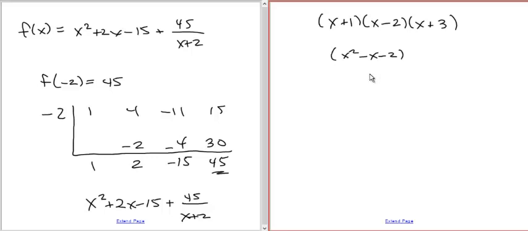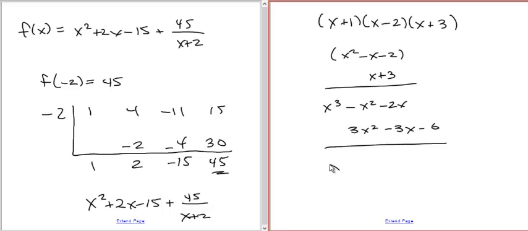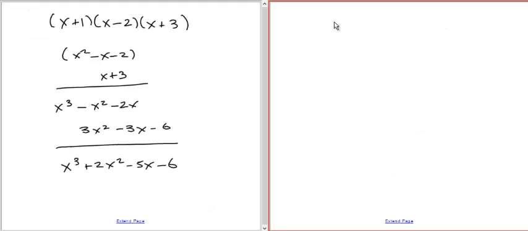And then if you multiply by x plus 3 like that, you get x cubed minus x squared minus 2x, and then you multiply by 3, so you get 3x squared minus 3x minus 6. So we add all this together, get x cubed plus 2x squared minus 5x minus 6. Okay, so that's what I would give you.